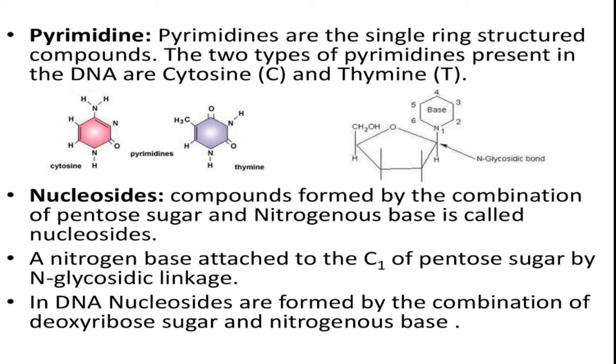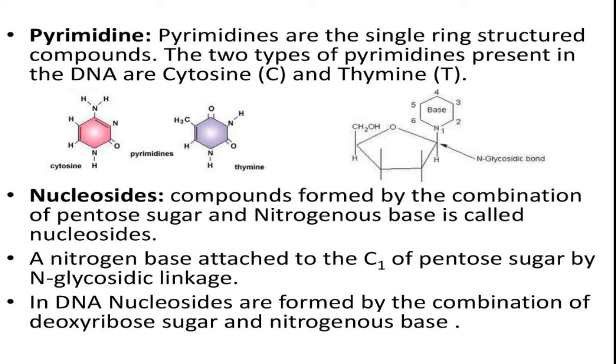Next we are going to see what nucleosides and nucleotides are. Nucleosides are compounds formed by the combination of a pentose sugar, which is a ribose sugar, or in the case of DNA, deoxyribose sugar, and a nitrogenous base. It may be adenine, guanine, cytosine, or thymine bound together.